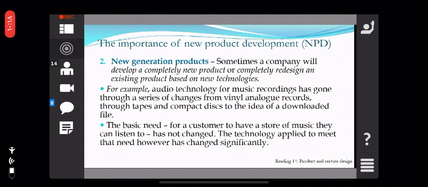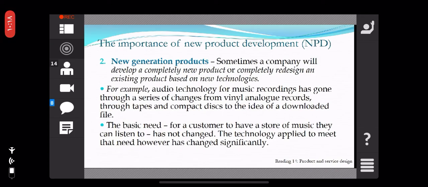Number two is new generation products. Sometimes a company or organization will develop a completely new product or completely redesign an existing product based on new technologies. They will utilize the new technology to change the products.